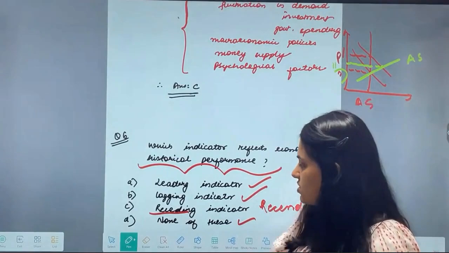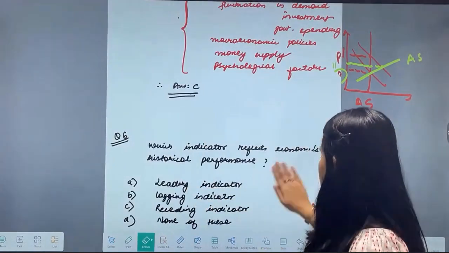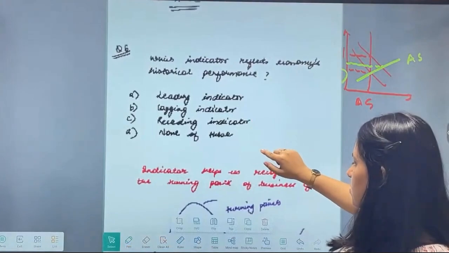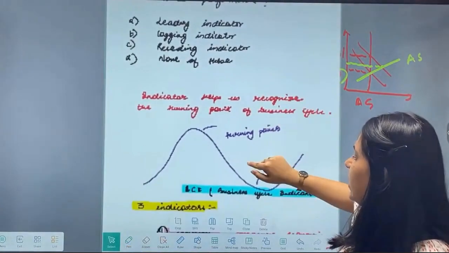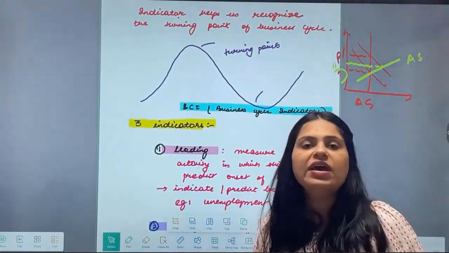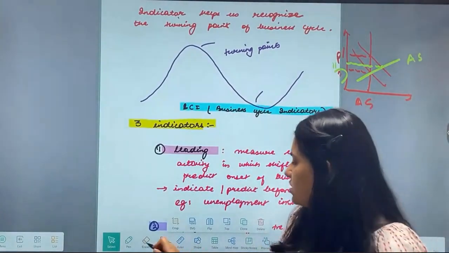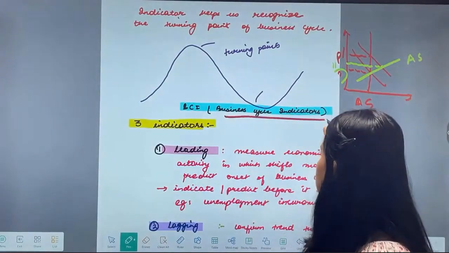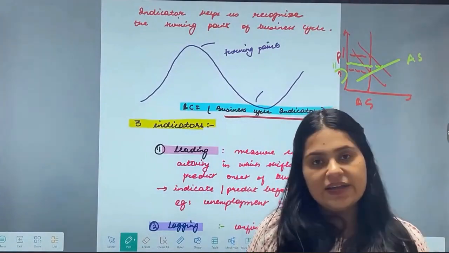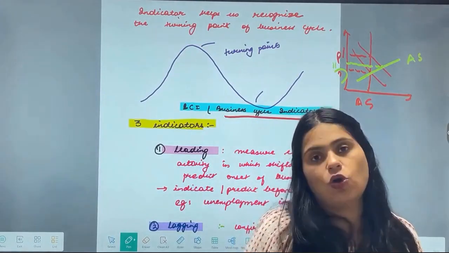Okay, let's see. So, when it comes to the business cycle, we have something which is known as BCI. BCI means business cycle indicators. What is an indicator? An indicator helps me understand more about my economy.